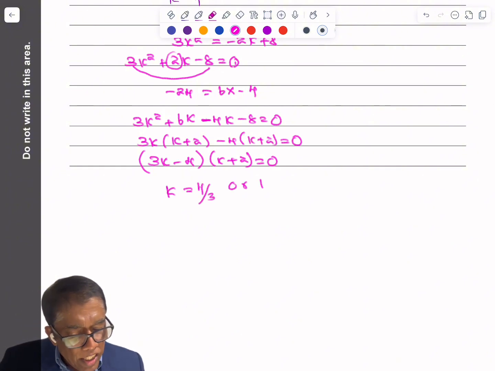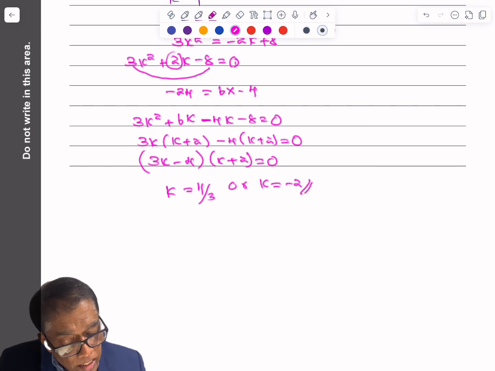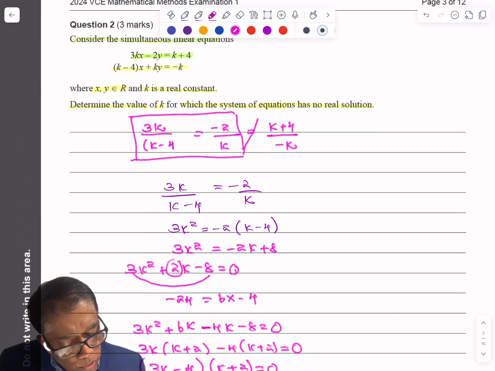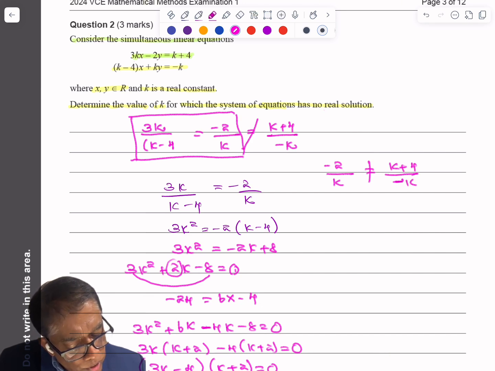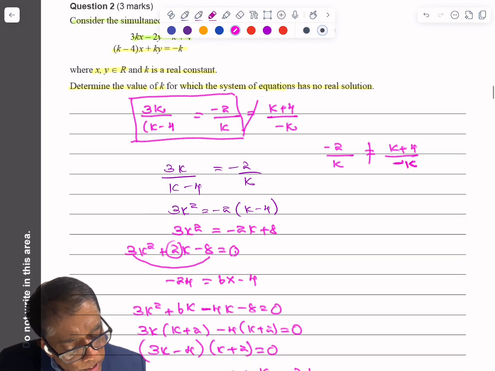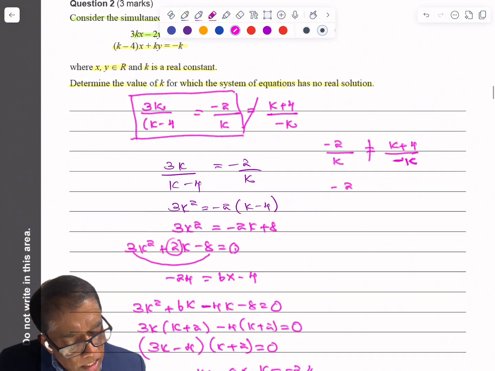Now if we consider the second ratio and the third one, they are not equal to each other. That means negative 2 over k is not equal to (k plus 4) over negative k. Now negative 2 is not equal to (k plus 4) over negative 1, because we can cancel k.